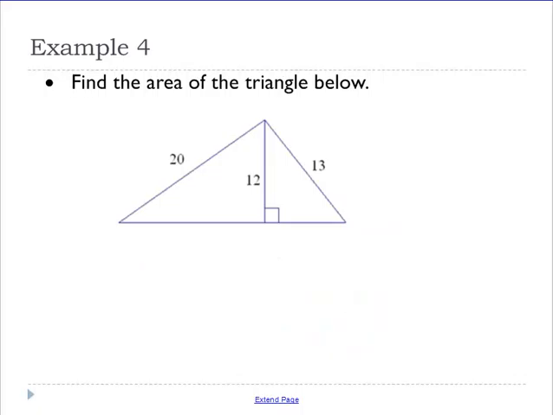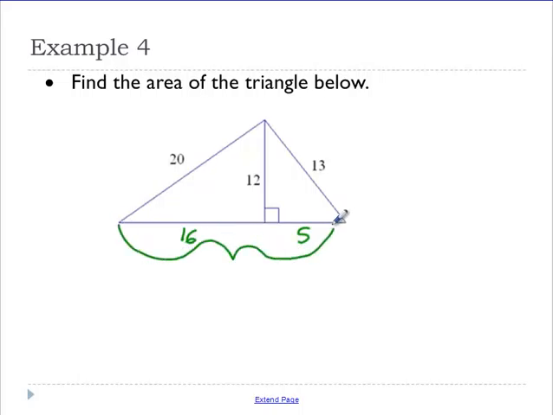Let's find the area of this triangle. The only issue is I don't have the base yet. So I'm going to find it in 2 pieces. Look at the right hand side of the triangle. That's a triple, 5, 12, 13. The left hand side is also a multiple of a triple, 3 times 4 and 5 times 4. So this one is 3 times 4, 4 times 4, and 5 times 4.